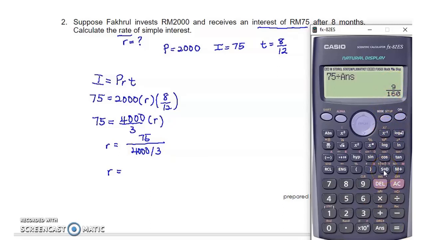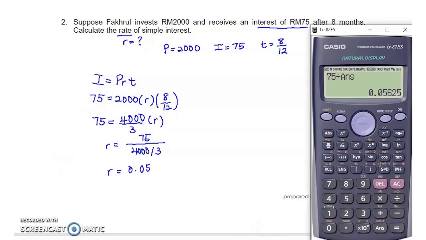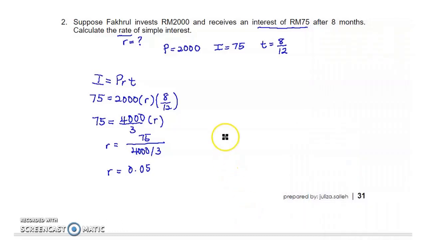You press S to D. So we get 0.05625. As I said before, normally we express the rate as a percentage. How to express in percentage? Multiply by 100. So R is 5.625%.